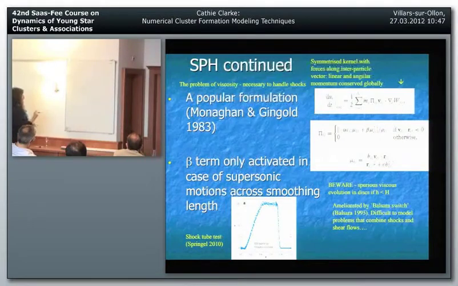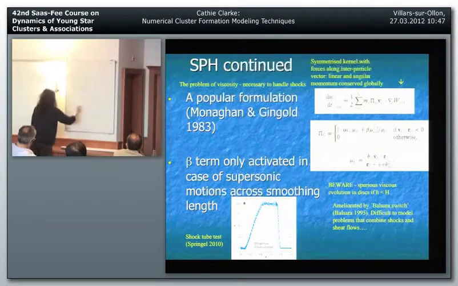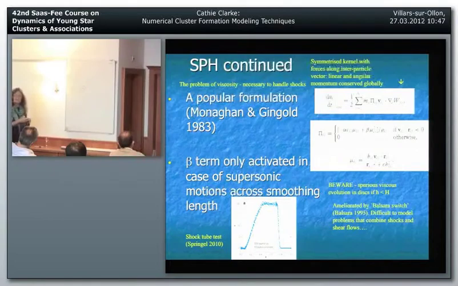So if h is less than H, you're okay, but if h is greater than H, you can see that you've got supersonic motions within your smoothing kernel, and therefore you'll start to get this unpleasantly large term, which is designed to smooth out shocks, but actually there aren't any shocks there.